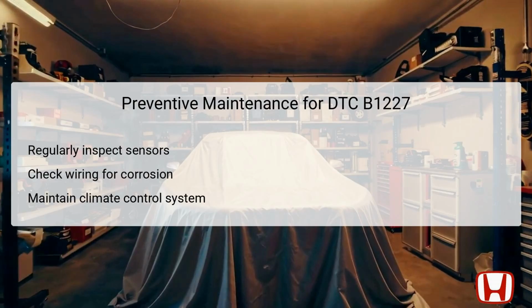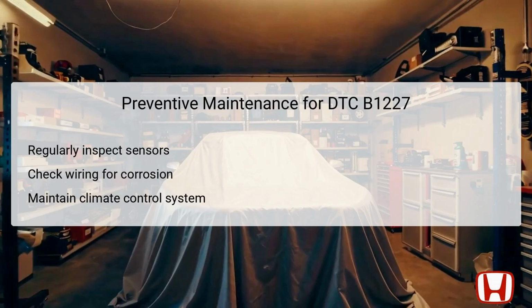Additionally, checking wiring for corrosion or wear can prevent open circuits from developing in the first place. Keeping the climate control system well maintained can enhance its longevity and performance. By incorporating these simple preventive measures into routine vehicle maintenance, drivers can avoid unnecessary repairs and ensure their Honda Accord remains comfortable and efficient.